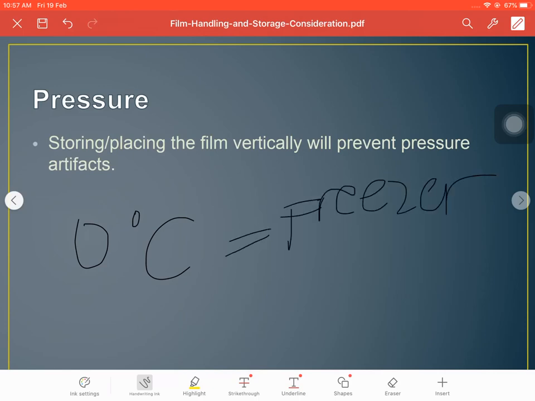Sa freezer, i-freeze natin yung film natin. Pero, once na na-freeze nyo, napalengthen nyo, sobrang greater than 1 year yan, it will stop the aging process of your film. Ma-exceed natin yung expiration date. Kasi ang film natin have expiration date.